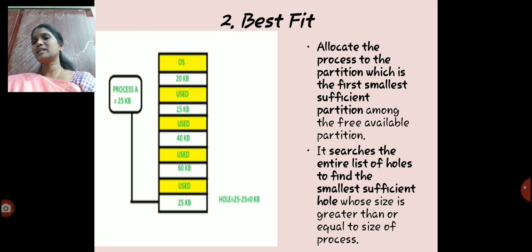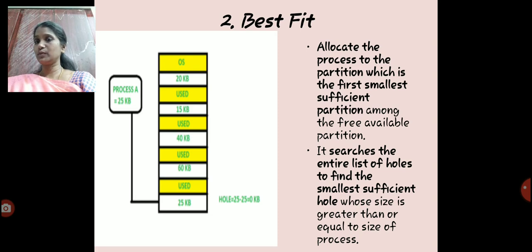See the same example. The first part is the OS, the second portion is 20 KB. Obviously it cannot accommodate process A, which is 25 KB. The third portion is used. The next one is 15 KB, so it is not sufficient. The next portion is used, and the next one is 40 KB, which is large.